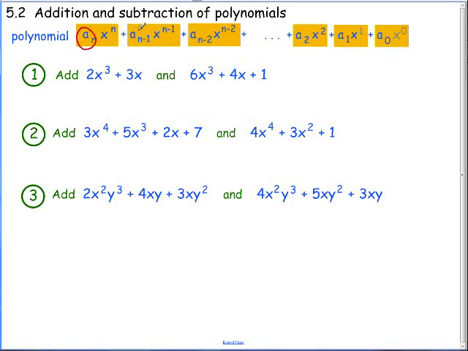The coefficients may vary, or they may be the same, right? But that's totally free. You can have any constant you want here as a coefficient, and there's one for each power term. Your highest power is at the beginning. Your lowest power is always x to the 0.